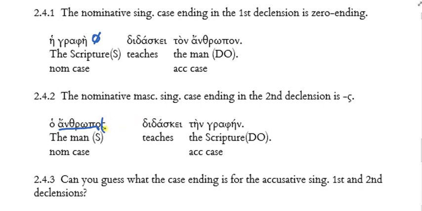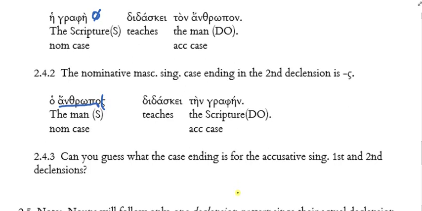Now the nominative case ending is attached to the stem. Over here it wasn't. First declension nouns do not attach a case ending. The case ending in the nominative is zero. But sigma is the nominative case ending for masculine second declension nouns. So, the man teaches the scripture. Now, based on these two sentences, can you guess what the case ending is for accusative first and second declension nouns?